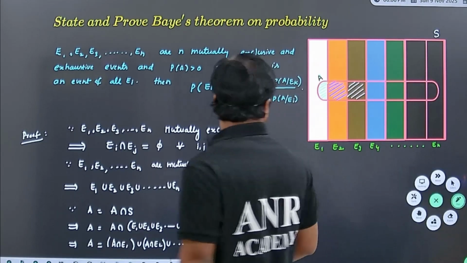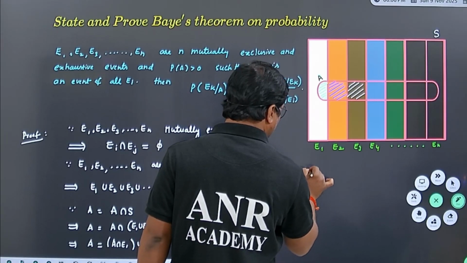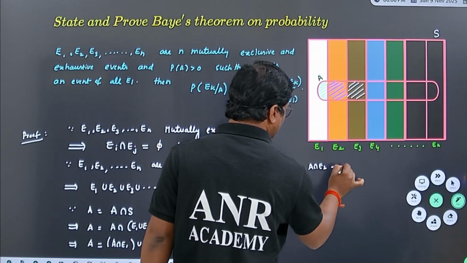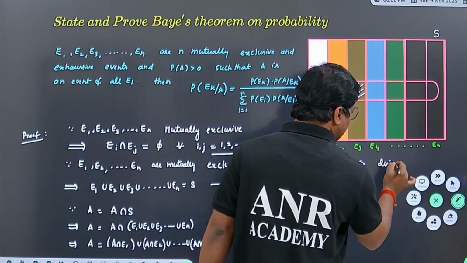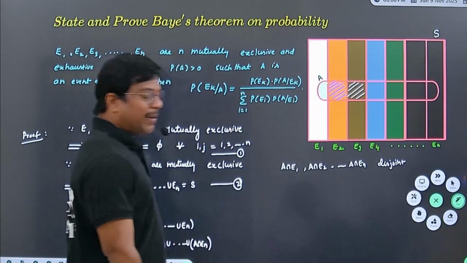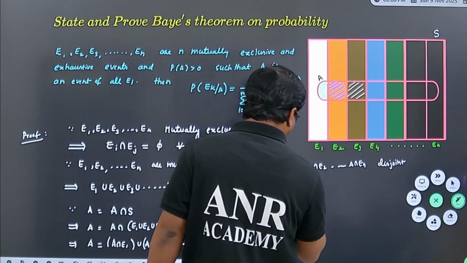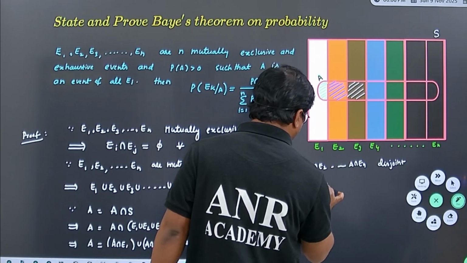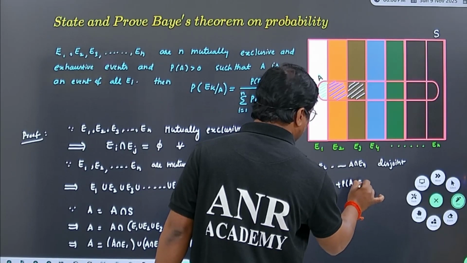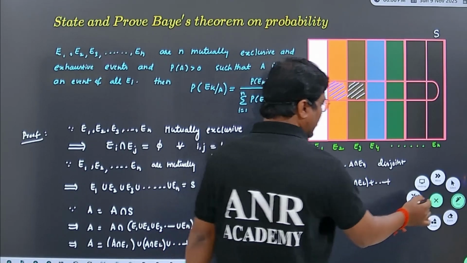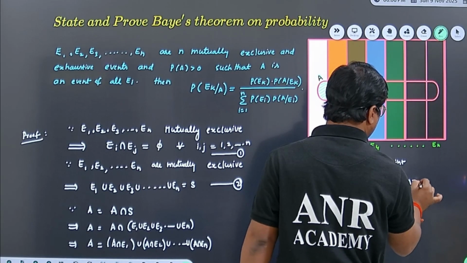Since A intersection E1, A intersection E2 and so on A intersection En are clearly disjoint, if I apply the axiom of addition of probability, I can write probability of A becomes probability of A intersection E1 plus probability of A intersection E2 plus and so on plus probability of A intersection En.